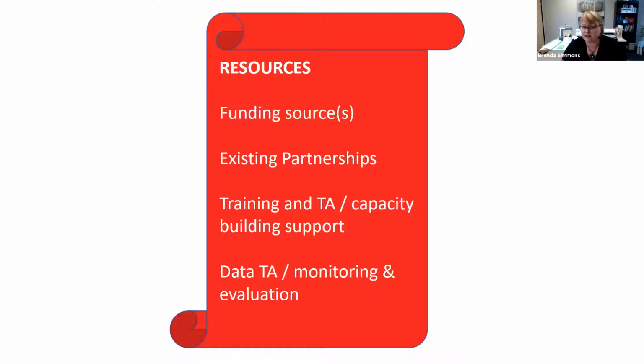Can you leverage existing partnerships? Can you get training and technical assistance and capacity building support? Can you get data training and technical assistance and help monitoring and evaluating the project, especially if you don't have a professional researcher or evaluator involved? That's often a luxury to most projects. So you're identifying the resources.